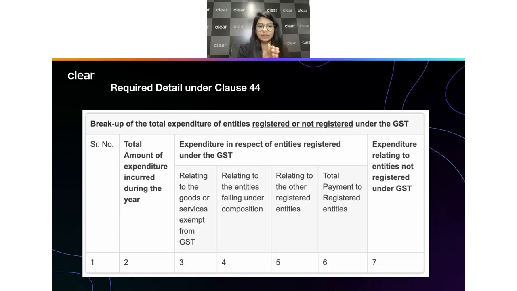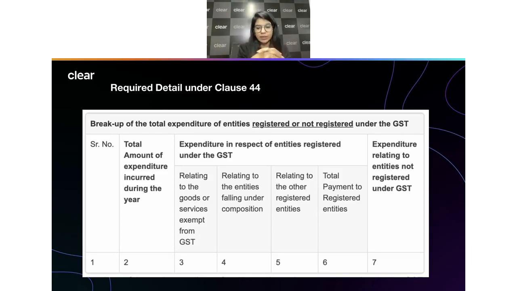So you don't show that. That's one way of reporting: ignore all the transactions. Or the second way is that you include that information in your column number 2. But at the same time, when you're including that, when it comes to the breakdown, it will never match with what is there in table number 3 plus 4 plus 5 plus 7.